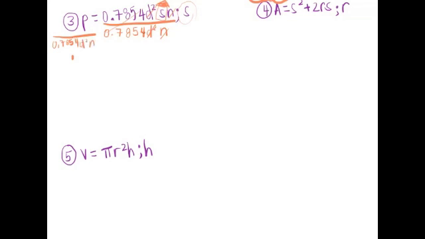And so everything cancels out on the right side except for s. And on the left side, what I'm left with is p divided by 0.7854 d squared n. And that's it. I accomplished my goal of getting s by itself. And there it is. Okay?